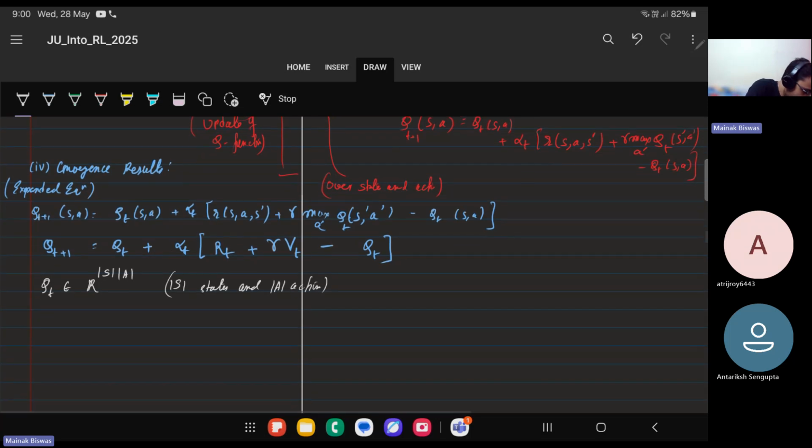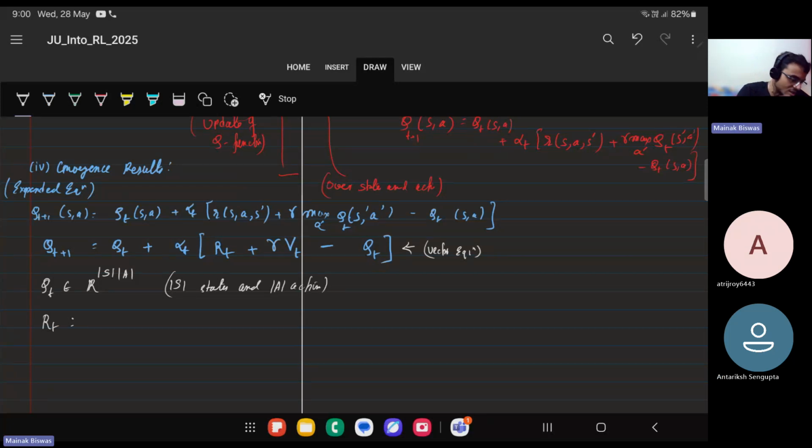Now Rt, what should be the dimensionality as well? Because it is a control Markov chain, it should be a vector of S cross A. It's again a vector equation, right? It's a vector with S cross A rows and one column.